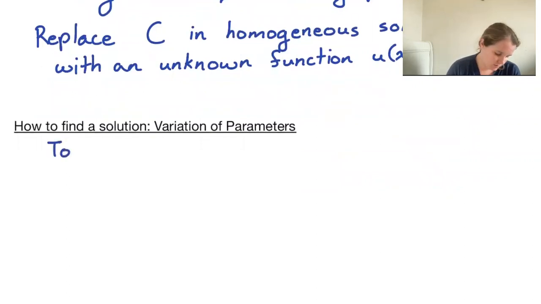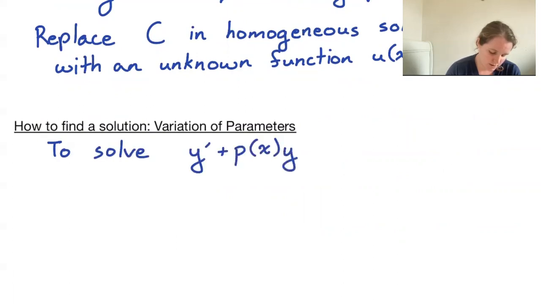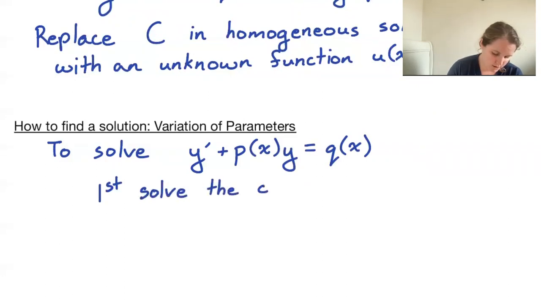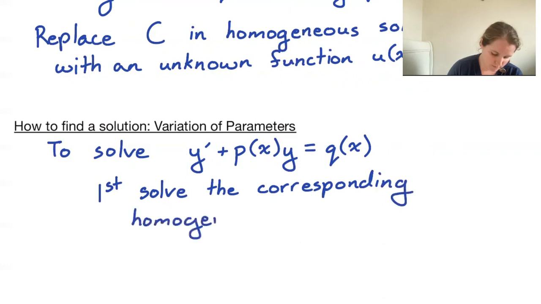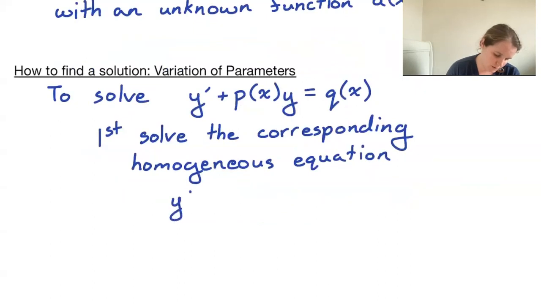So to solve y prime plus p of x y equals q of x, the first thing that we are going to do is solve the corresponding homogeneous equation, y prime plus p of x y equals 0.